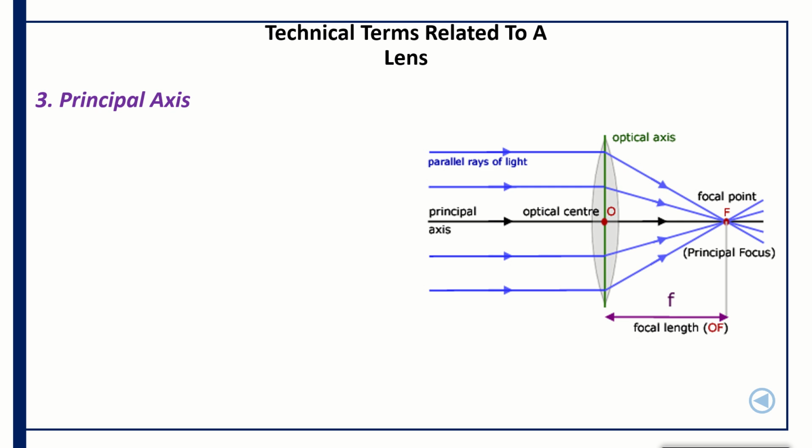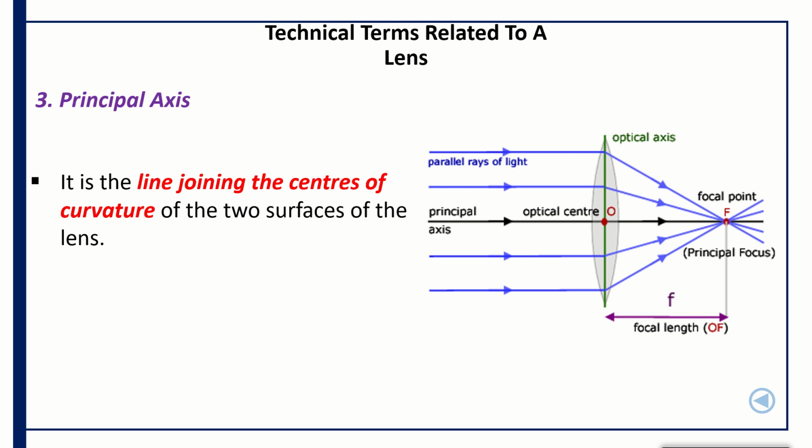Now, principal axis. When we take a spherical lens, the line which is joining the centers of curvature of both the surfaces of the lens is known as the principal axis.